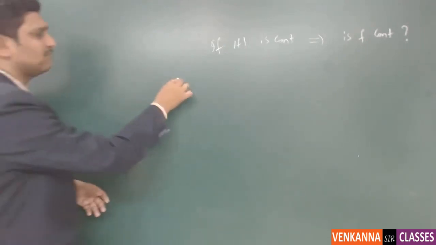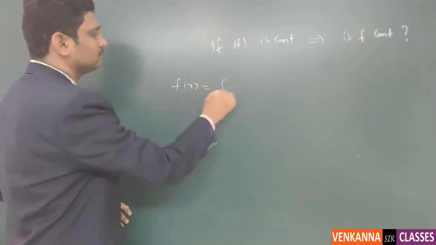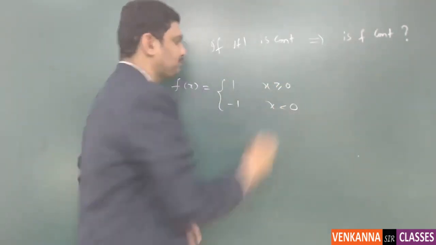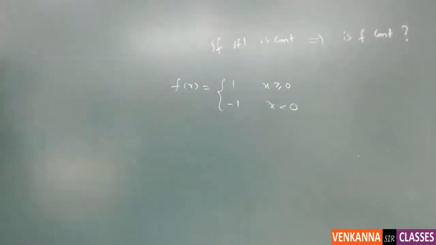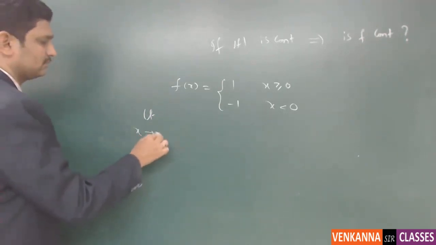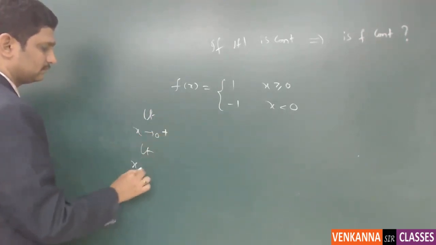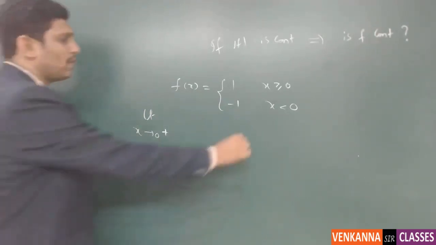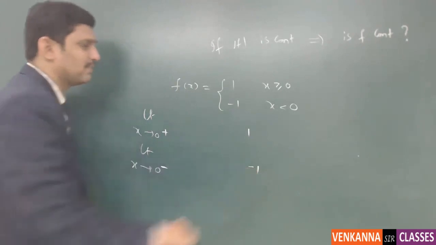Just define the function in a simple manner, you define the function like this. So what happens if you calculate the limit? Say limit x tends to 0 minus and limit x tends to 0 plus. So what are the values? One limit value is 1, one limit value is minus 1.